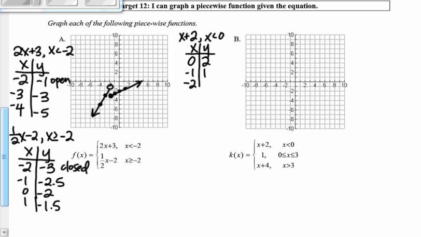If I plug in a -1, I get out a 1, and then I get out a 0. Since there's no equal to, this is going to be an open point. So 0, 2 is an open point. -1, 1. I'm going to redraw that first one. -1, 1, -2, 0. Starts at the first point, goes through the next few.